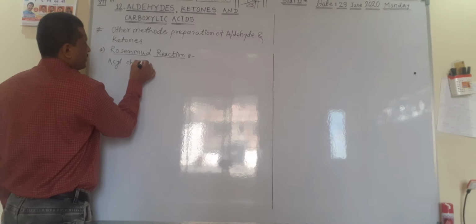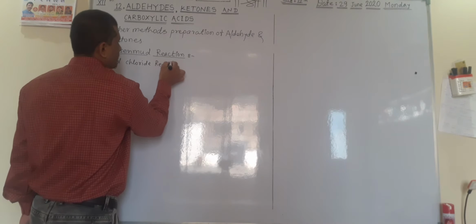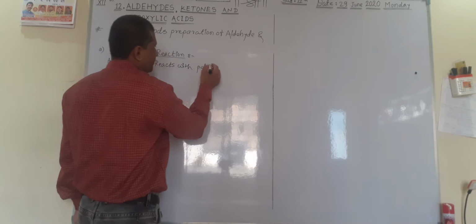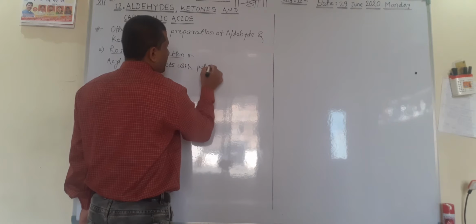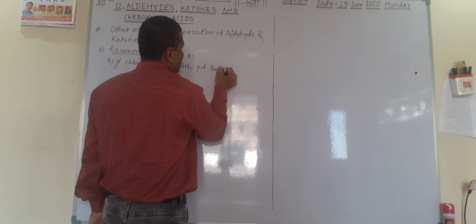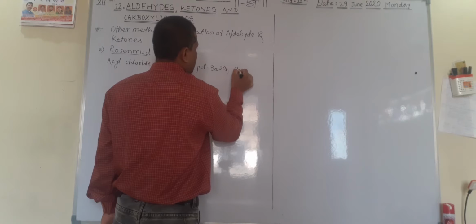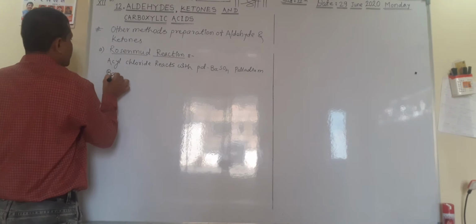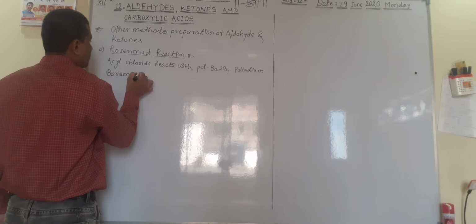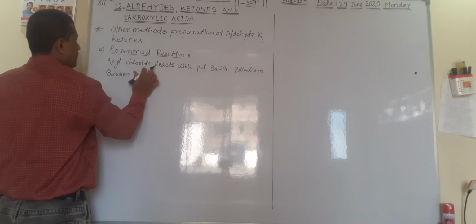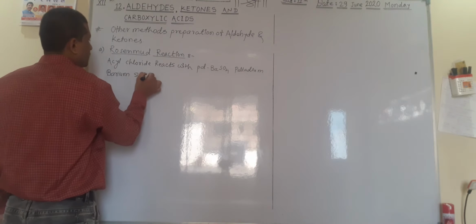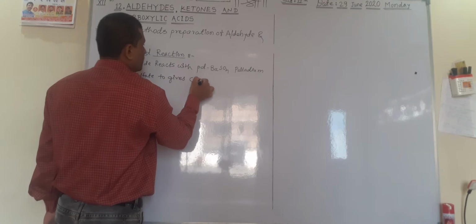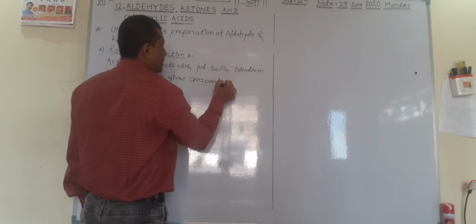Acyl chloride reacts with palladium, barium sulfate to give the corresponding aldehyde and ketones.